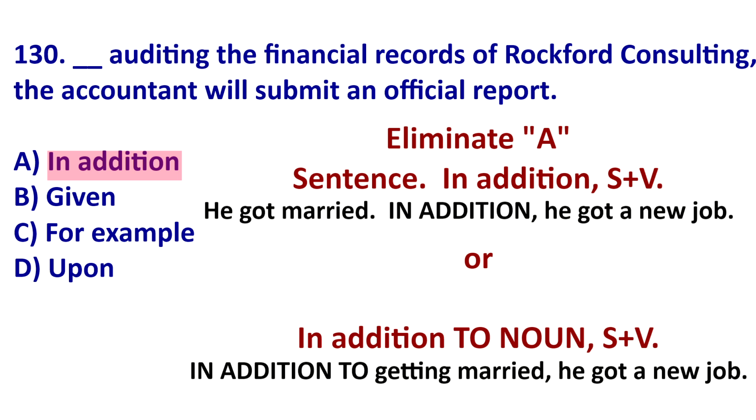Another way to use in addition is: in addition to, noun form, comma, subject, verb. In addition to getting married last year, he got a new job. As you can see, there is no "to" in the TOEIC sentence. Therefore, in addition is not correct.